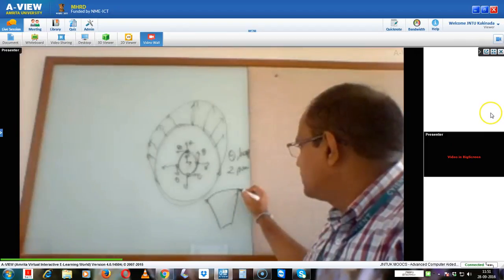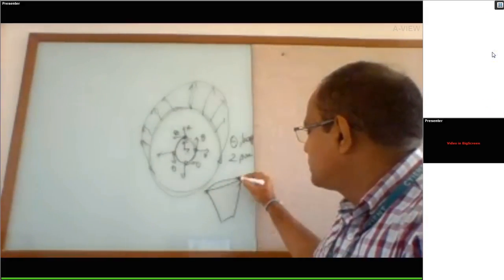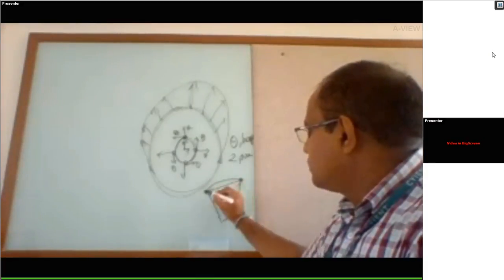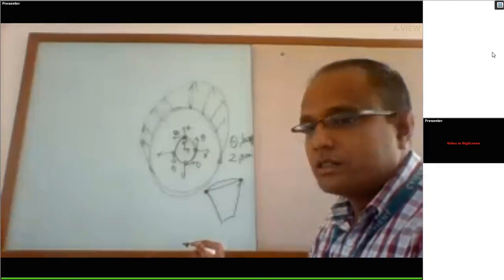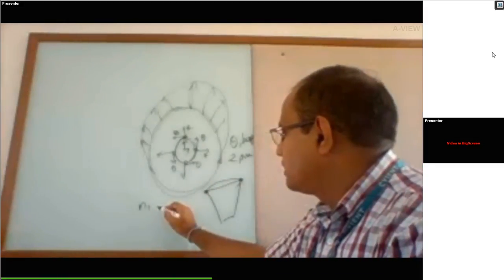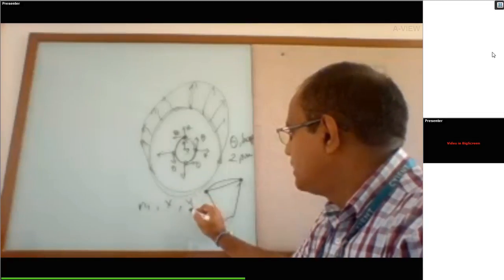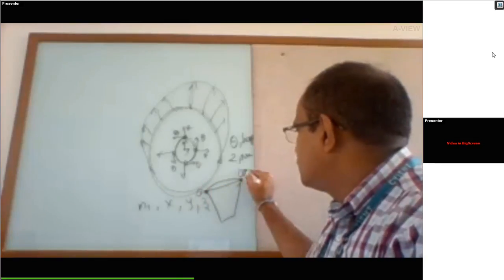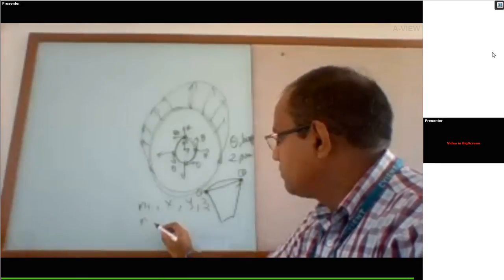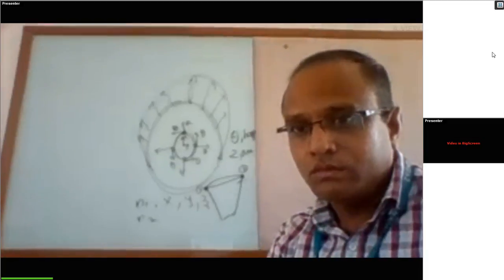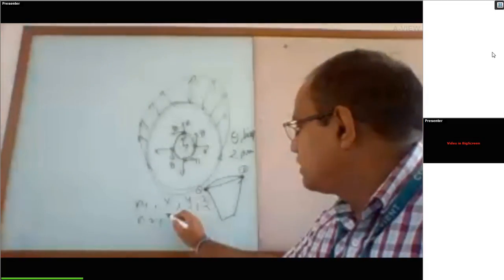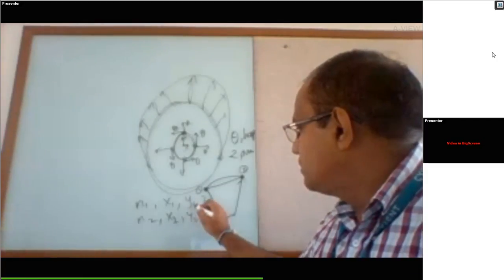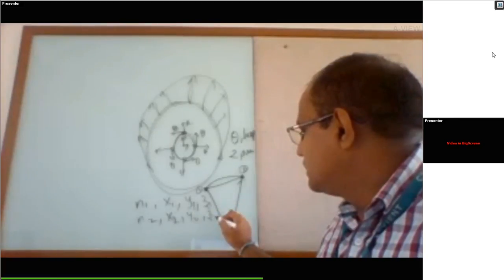So nodes at this location are coupled in 3 degrees of freedom. So what is the change here? If you list the nodes in the cylindrical coordinate system, node 1: X1, Y1, Z1, and node 2: X2, Y2, Z2.